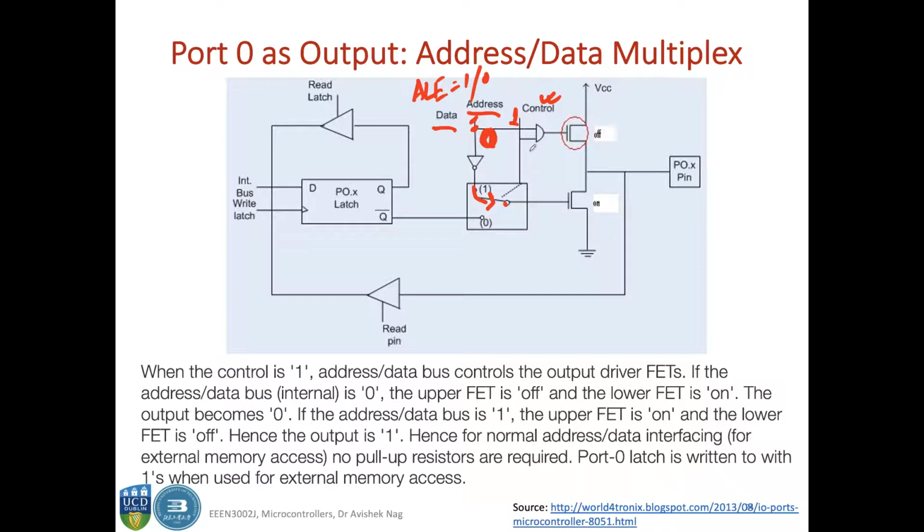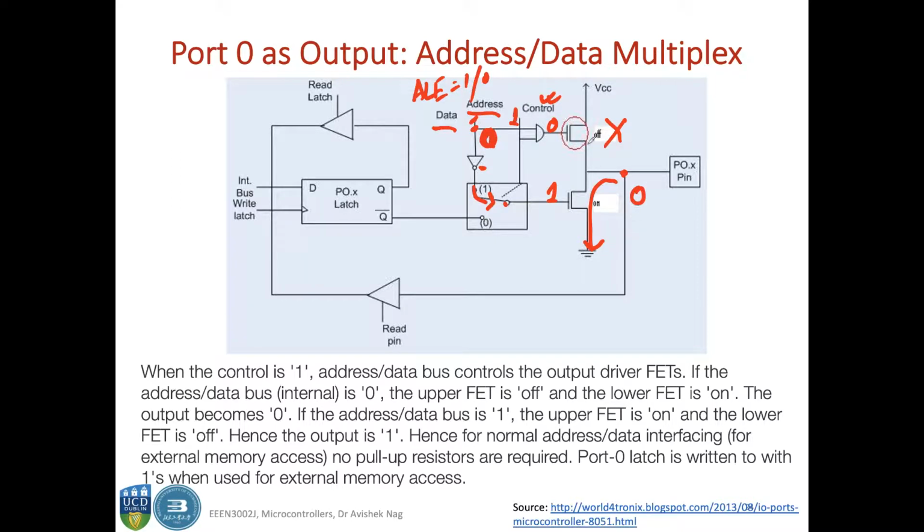Okay, so in that case the output of this AND gate will be 0 and this transistor is off. And since this is a negative logic here, so here the input of this transistor will be 1. Okay, so this transistor will be on. Okay, and this point will be connected to ground or logic 0.